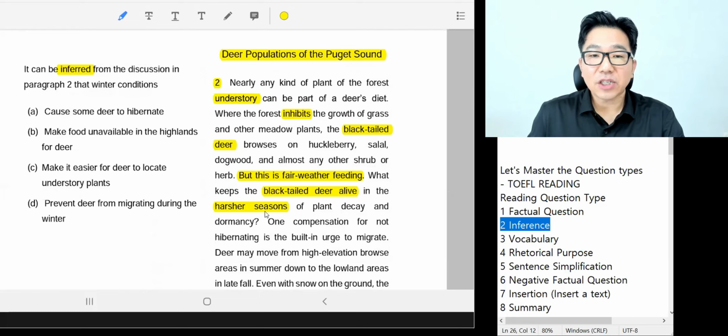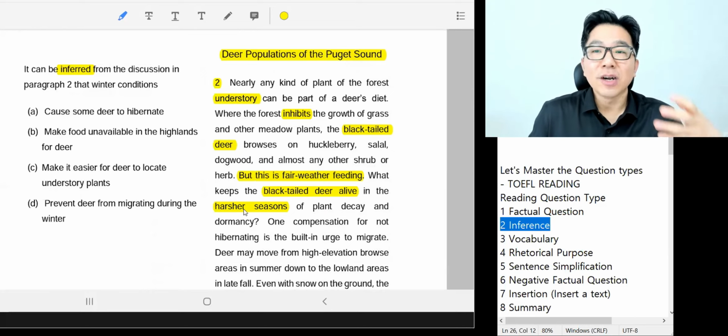So harsher season here is referring to the cold weather, and fair weather here is referring to warm weather, okay? Because plant decay and dormancy happens during the winter, right? So harsher season is referring to cold weather and winter. One compensation, how do they survive? They cannot eat like this, okay, during cold weather. So how do they survive?